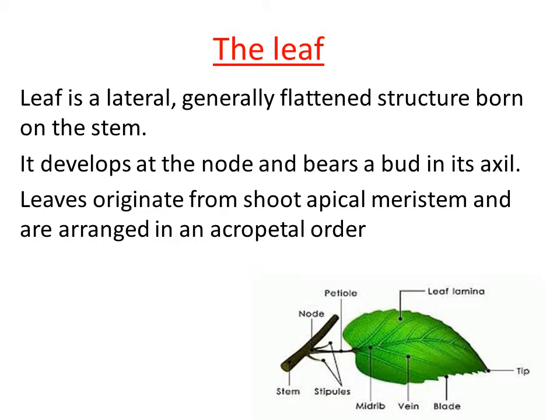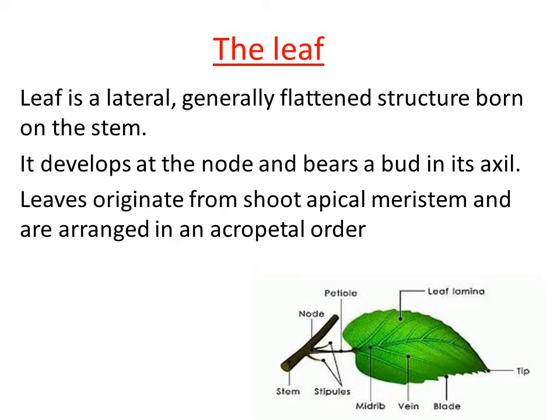Acropetal order is nothing but the older leaves being present towards the base and younger leaves present towards the tip. Because if you observe the plant, the shoot tip always grows, right? So the formation of new leaves takes place at the tip region. As a result, old leaves occupy the base of the stem. This arrangement of the leaf is called acropetal order.